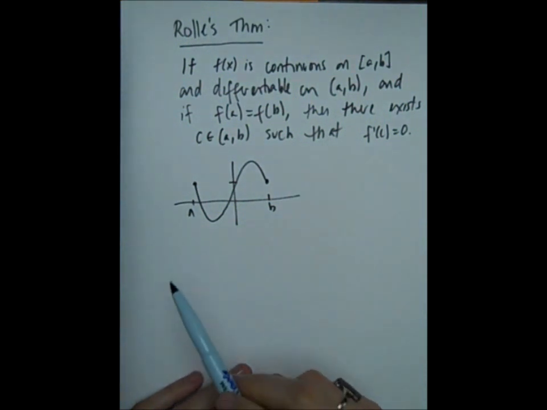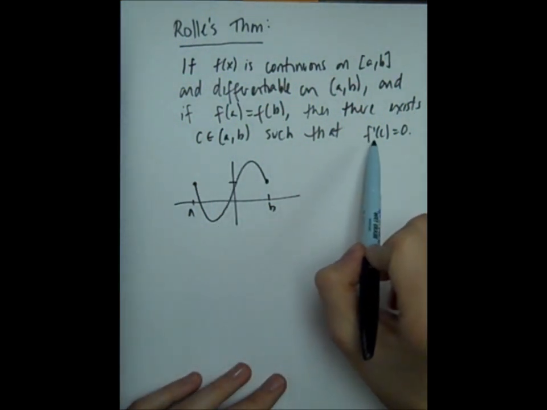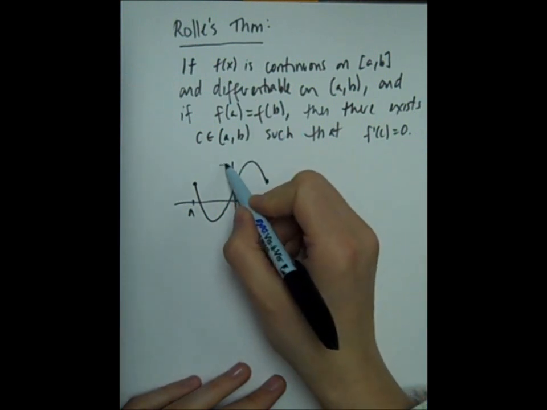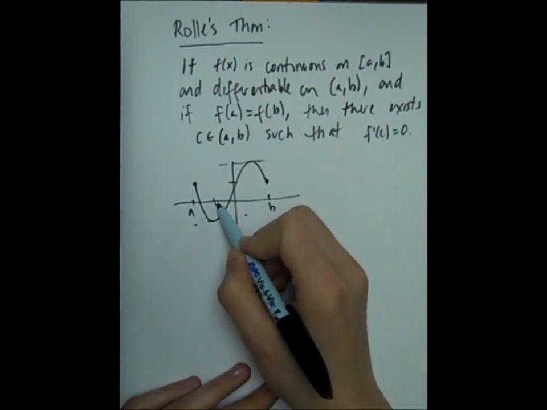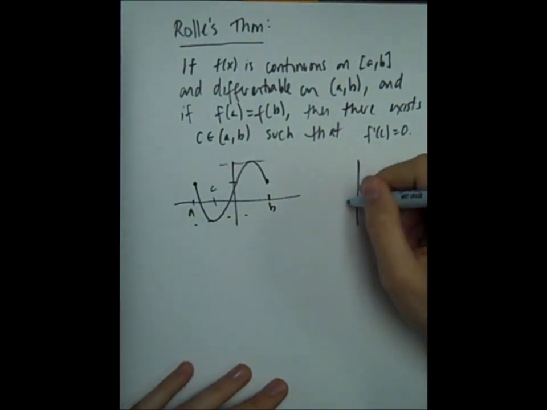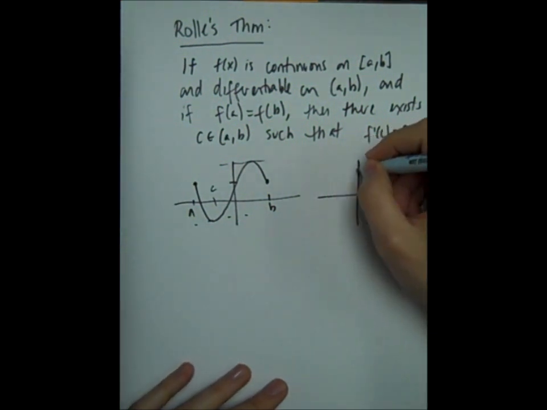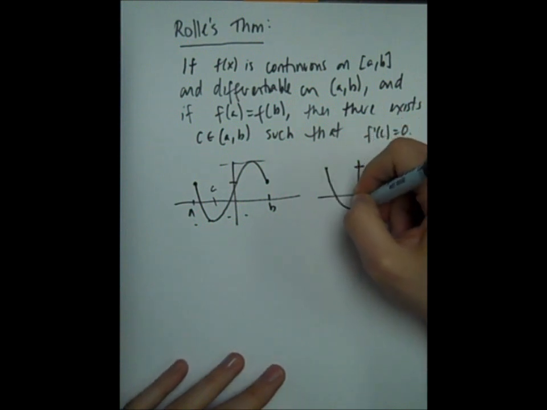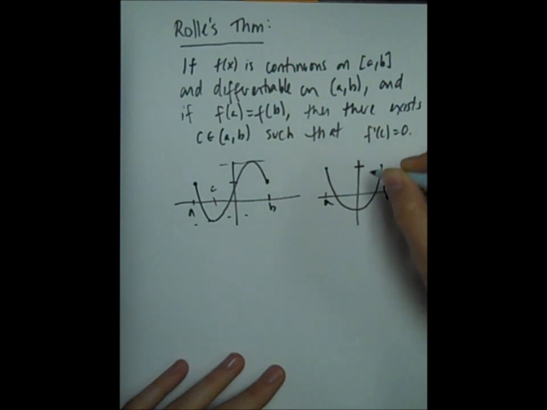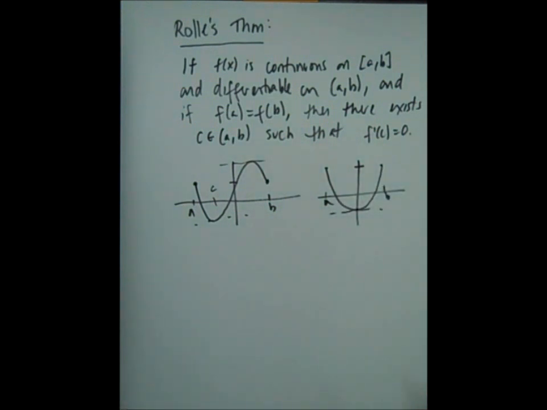Then by Rolle's theorem, there's some value of c where I have a horizontal tangent line, so the derivative is 0. Well, here I actually had 2, but Rolle's theorem guarantees you have at least 1. So it could be something like, maybe here's the repeated y value. So here's my a and here's my b. Then c would be here, wherever I have my horizontal tangent line.